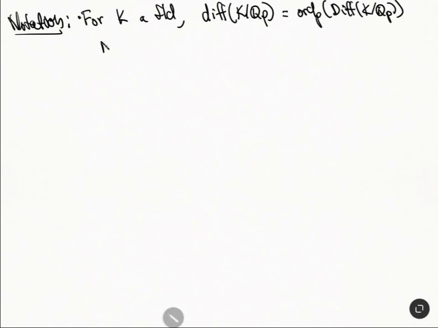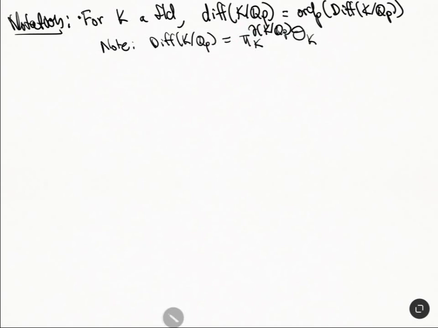I want you to note that there's some relation here. The different of K over Qp is an ideal, so it can be written as pi_K to some exponent d_{K/Qp}. Mochizuki doesn't work with these exponents, so they will have different behavior.